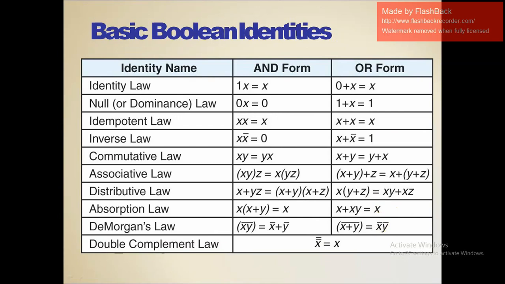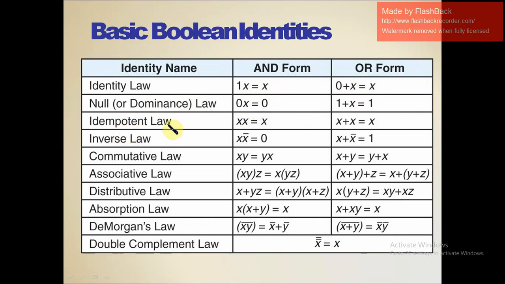These are the basic Boolean identities and some laws. The identity law for AND form and OR form: 1 times x equals x in AND form. For OR, denoted by the plus sign, 0 plus x is x. Null or dominance law: 0 times x is 0, 1 plus x is 1.